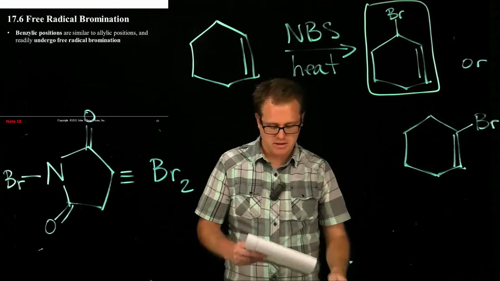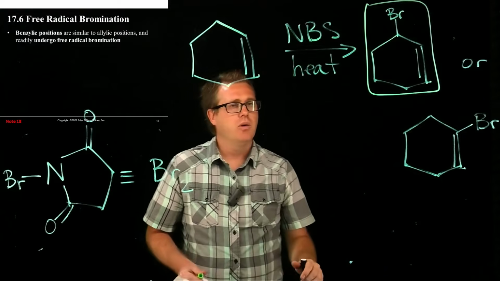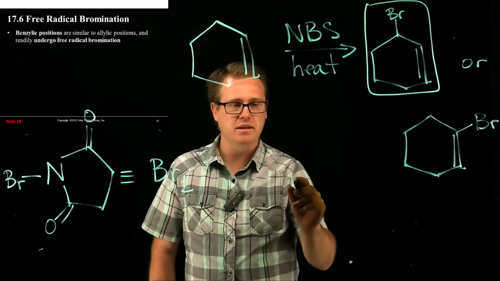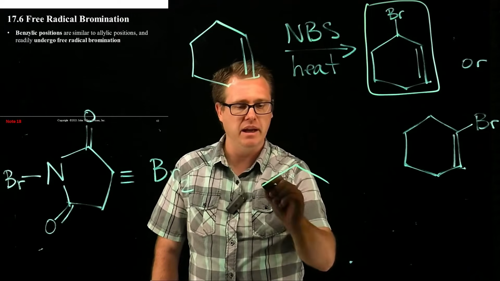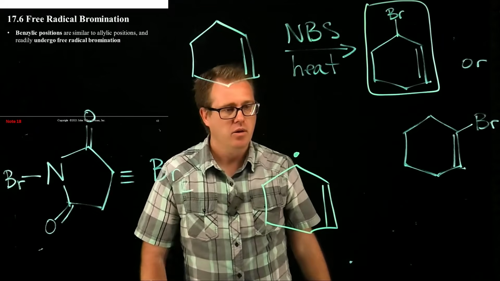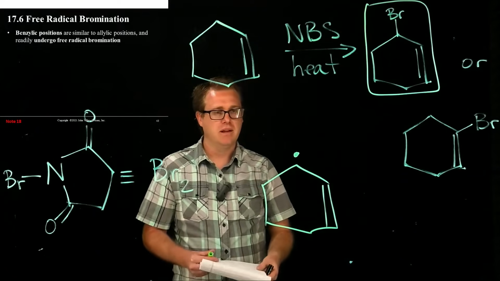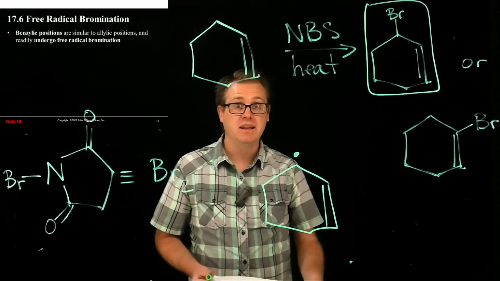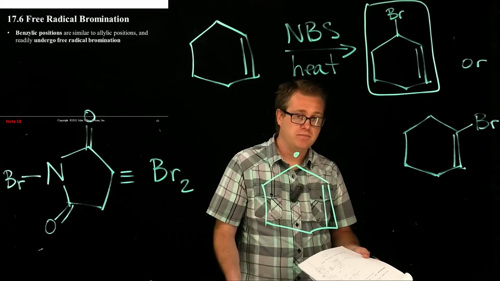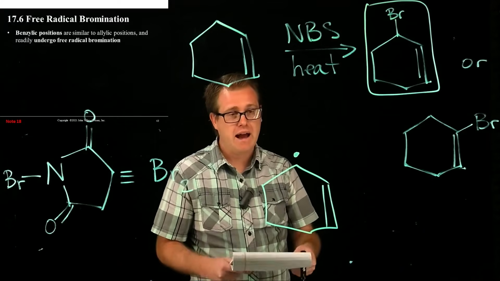That is the product. If you go back to your textbook, you'll recall in the mechanism you're going to get this intermediate right here, where you get a radical. That is called an allylic radical, and it's a relatively stable radical.